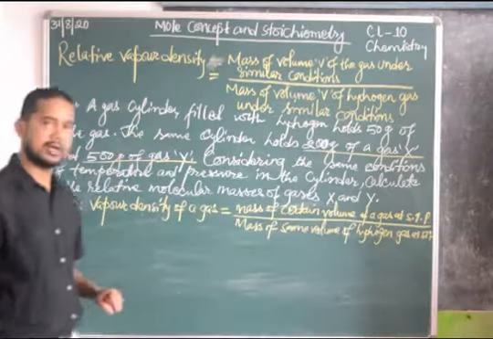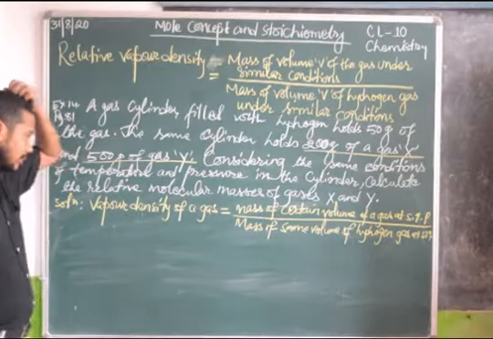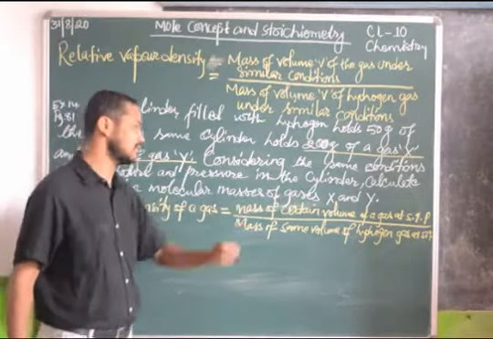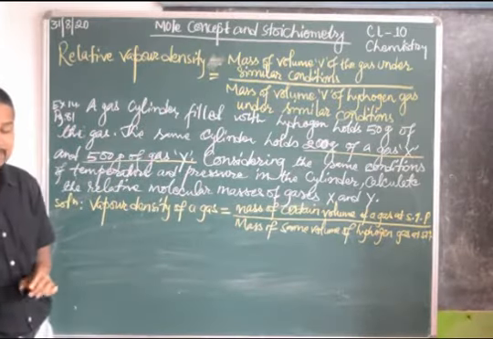So this is the formula we know. So vapor density of a gas is equal to mass of certain volume of a gas at STP divided by mass of same volume of hydrogen gas at STP.